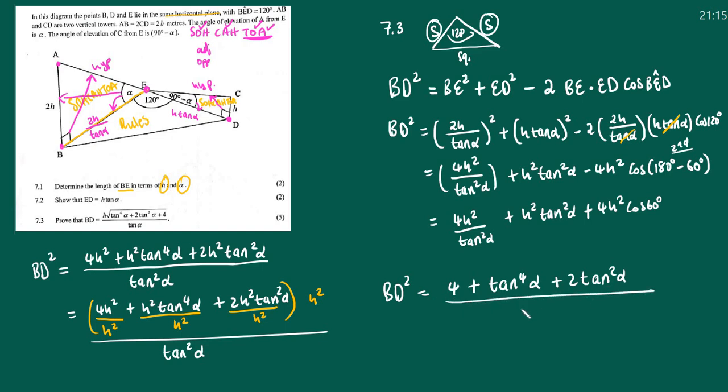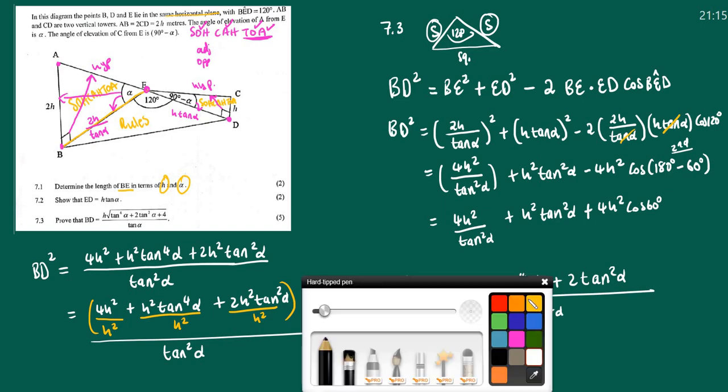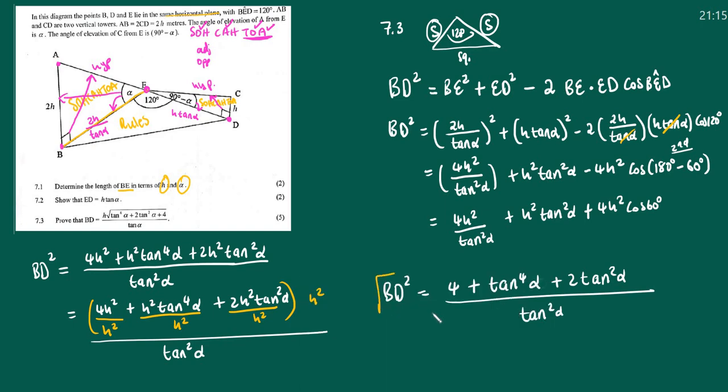Then you divide all of that by what? Tan squared alpha. Perfect. And then we can find the root, right? So BD would be, remember, if you have the root of A over B, this is the same as the root of A over the root of B. So it's the root of the numerator and the root of the denominator.